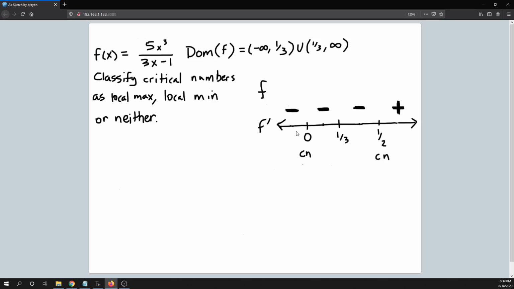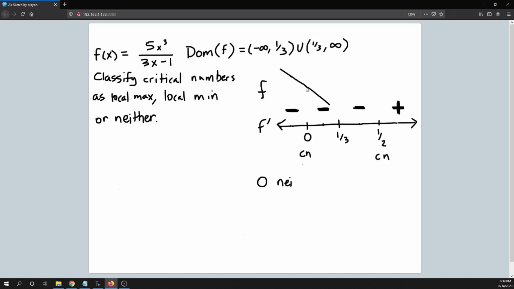So what that means is that the original function f will be decreasing, going down. And then to the right of 0, the original function is decreasing again. And so looking at that, we can see that 0 is neither.